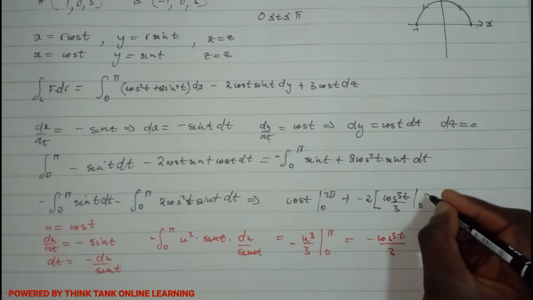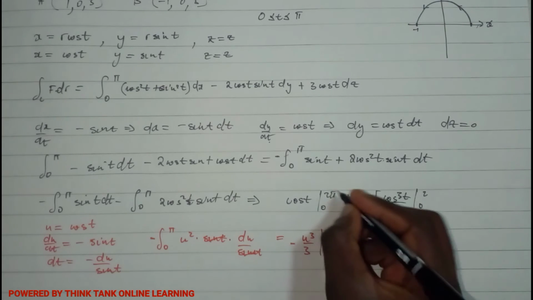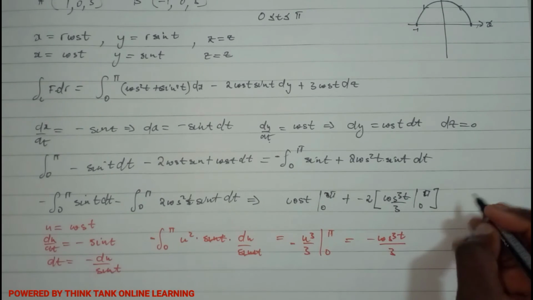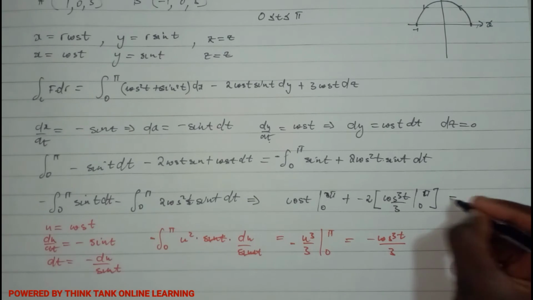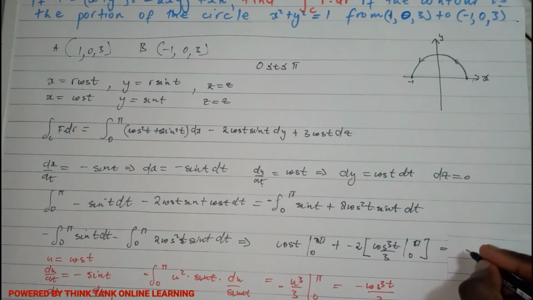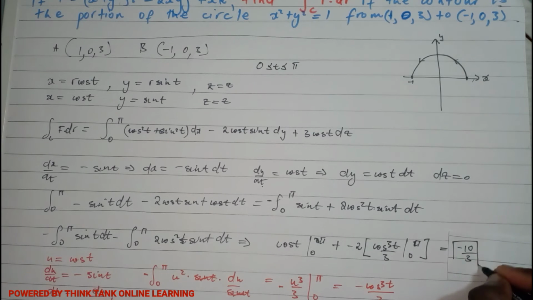Our limit is 0 to pi. Okay, and what is going to be our answer? Then if we simplify here, remember we're going to say 2 times minus 2 times, we're going to get negative 10 divided by 3. That is going to be the work done on this line integral.